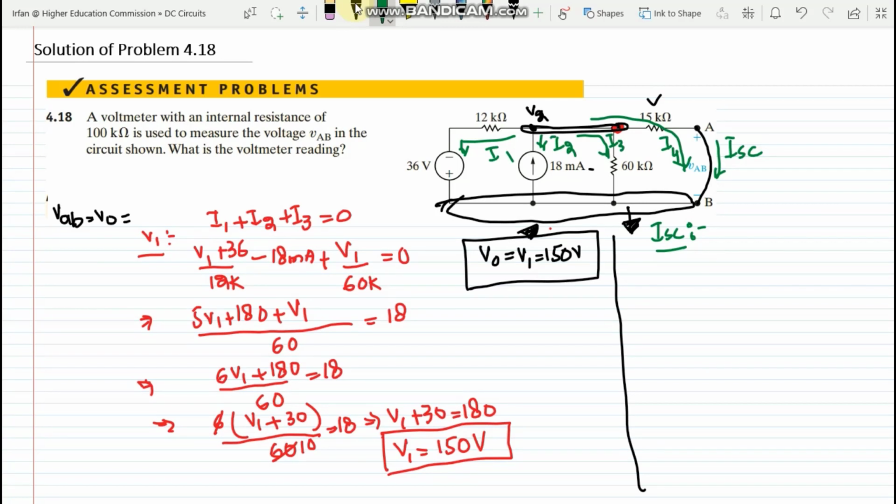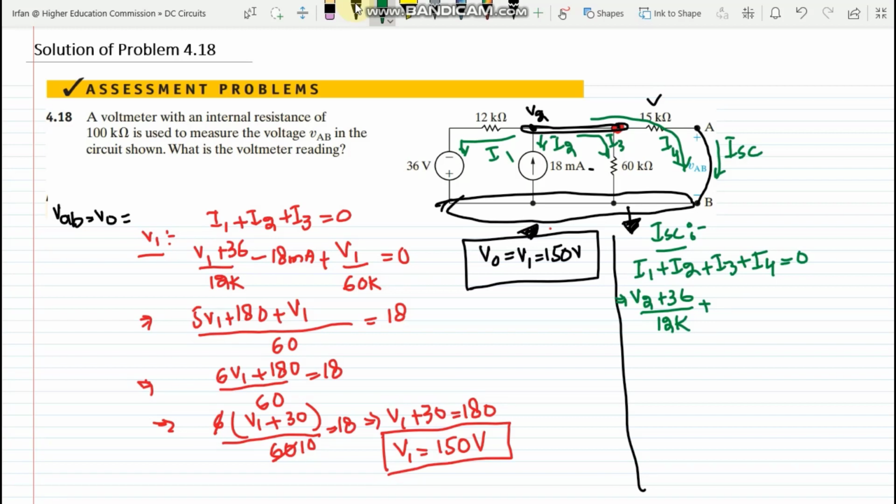Okay, so according to KCL, the summation of I1 plus I2 plus I3 and I4 is equal to 0. Okay, so now putting their values here, (V2 plus 36) divided by 12k, and moving it to the other side.